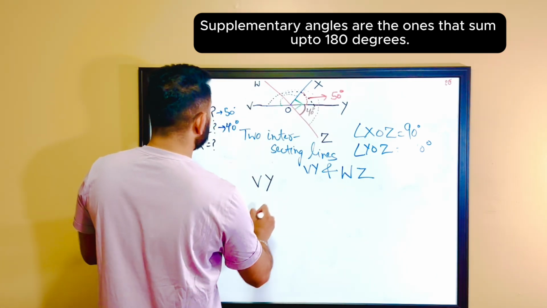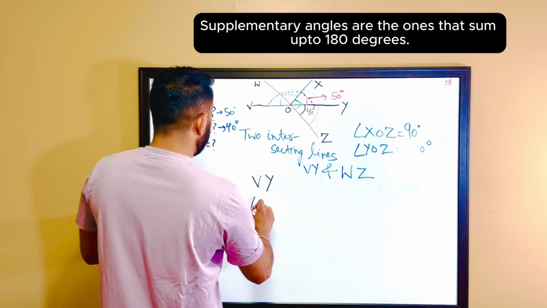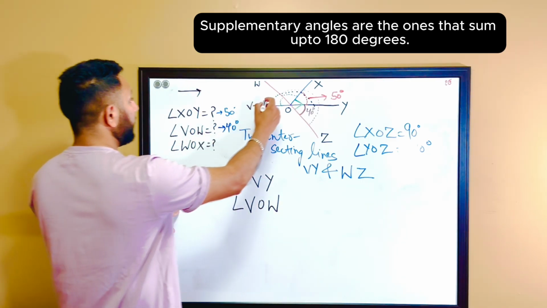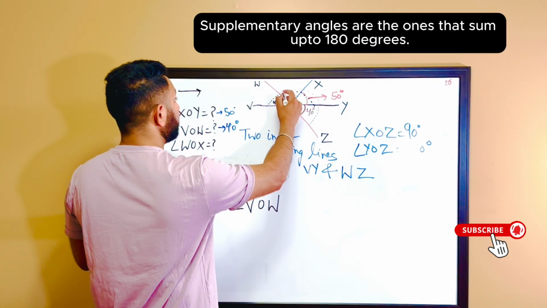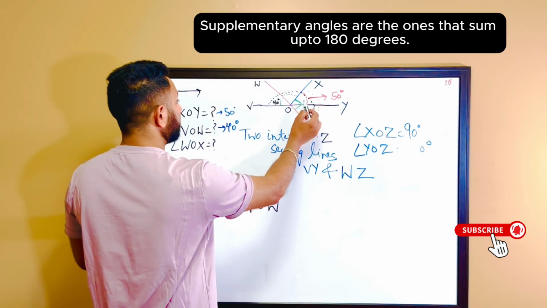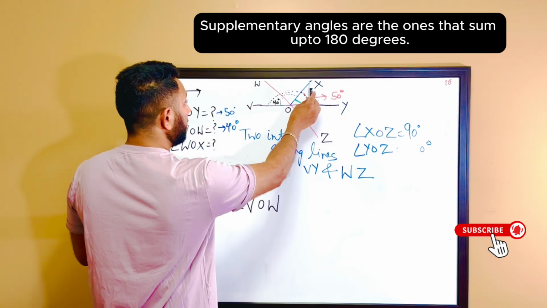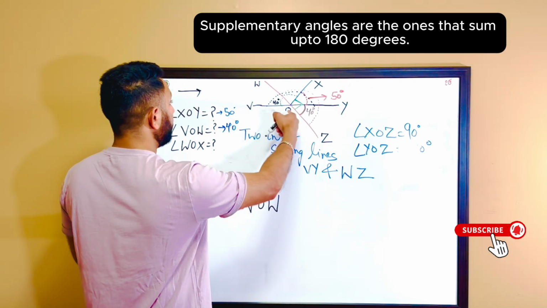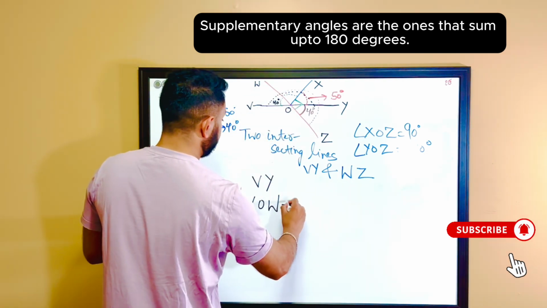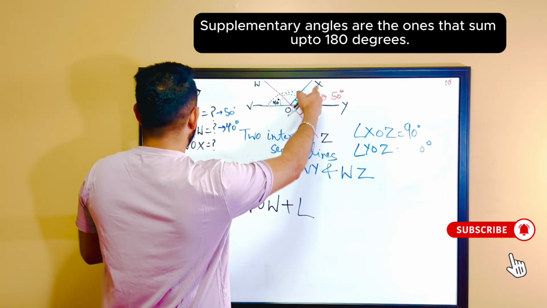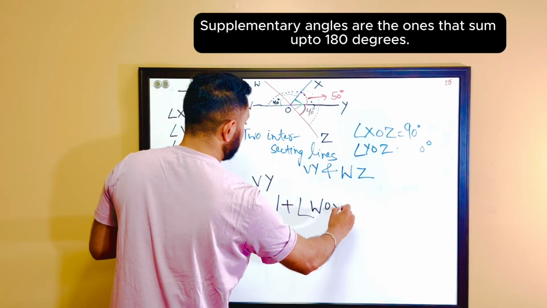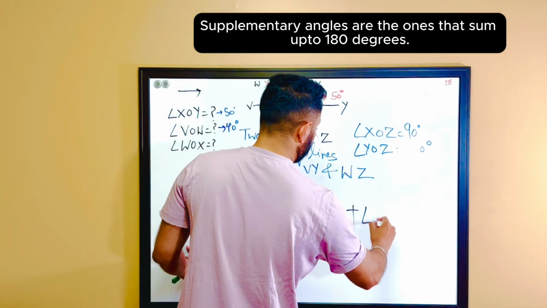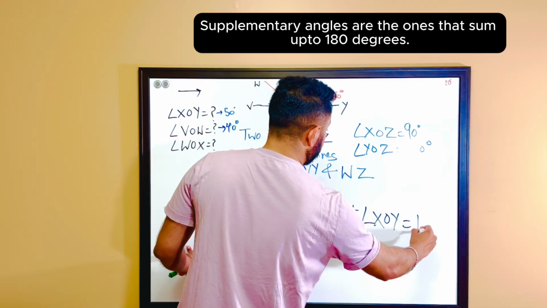So VOW, which is 40, and WOX that we need to find out, and also XOY is 50. So VOW plus WOX plus XOY is 180.